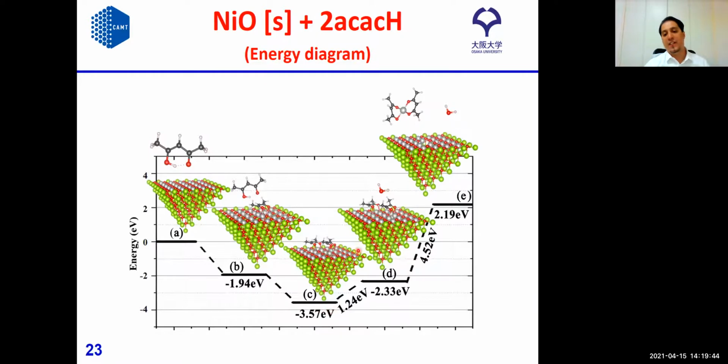Then if the surface gains some energy, as we said, it is thermal ALE, which means by heating the surface, the H2O will be dissolved first, then the nickel complex. If it gains too much energy, the nickel complex can be dissolved as well, as you can see here.